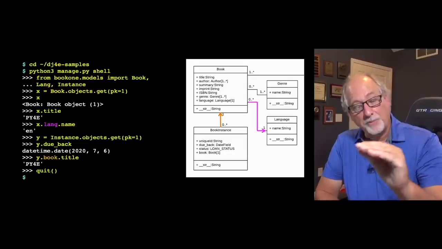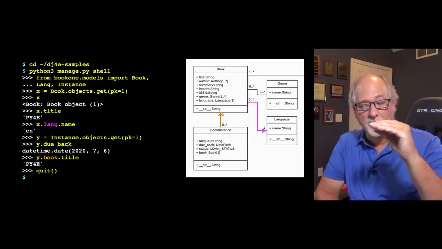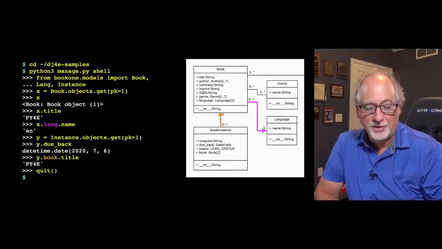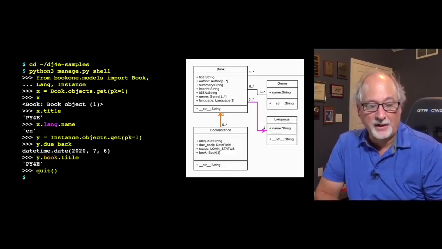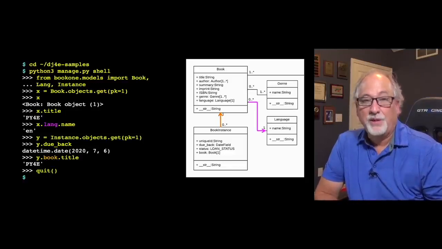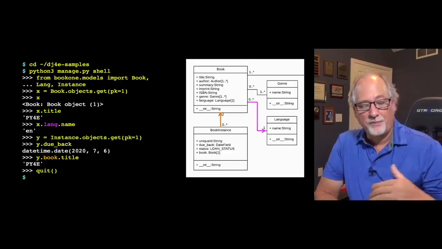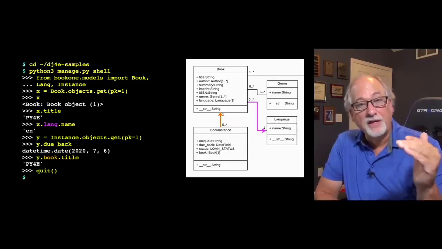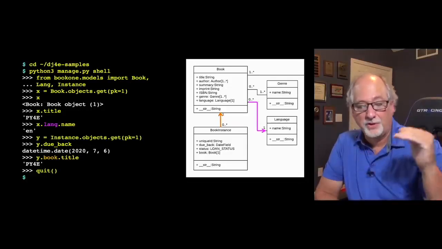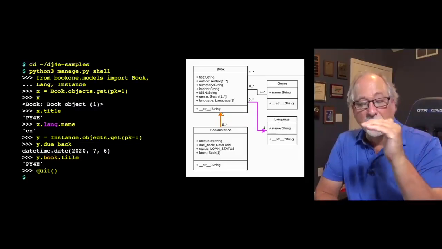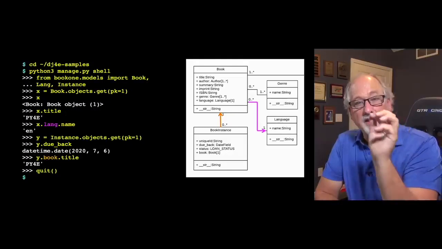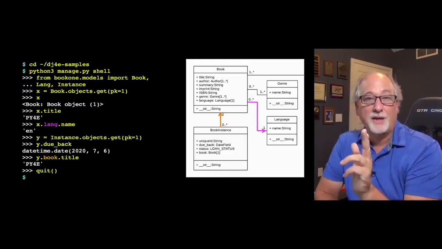So we're loading from the books table, and we're getting row number 1 from the books table. So if you ask what the title is, well, the title of that is PY for E. Now, there's a title, but then there's lang. Lang is that foreign key that points to the language. And so we can say x.lang, that is the entire language row, but x.lang.name is within that row, the name column.